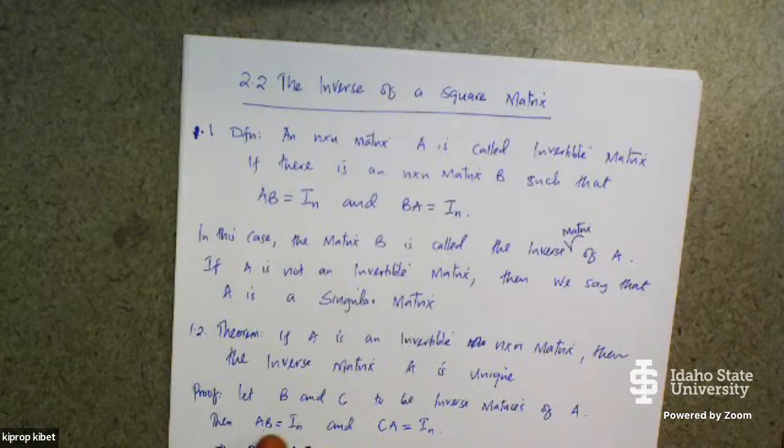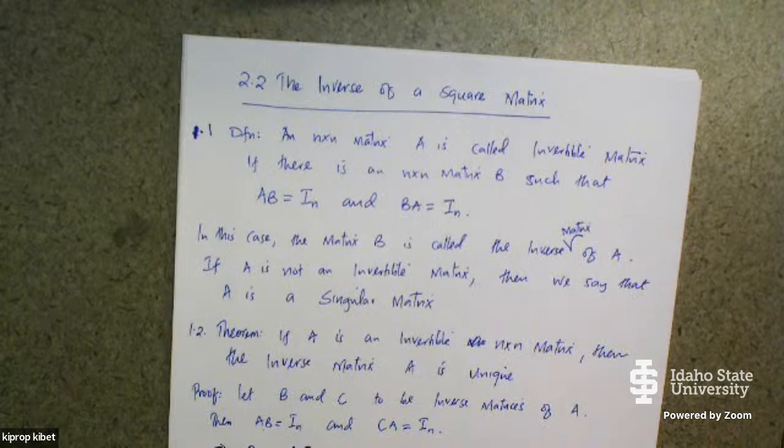Then this is also the same as CA and then B. And IN here is the same as CA, so this is IN and then B. And then this is the same as B. So it shows that the inverse is unique.